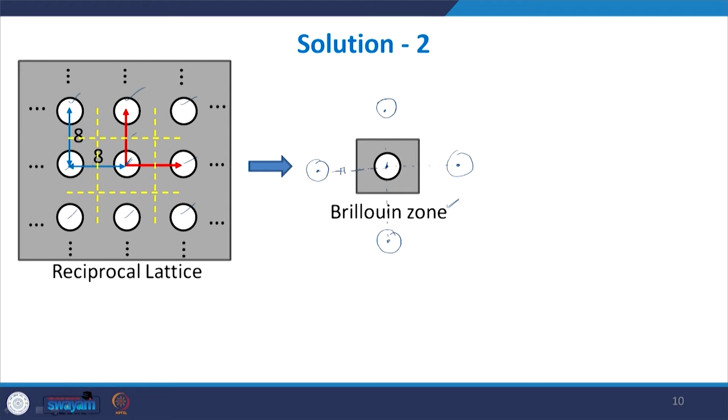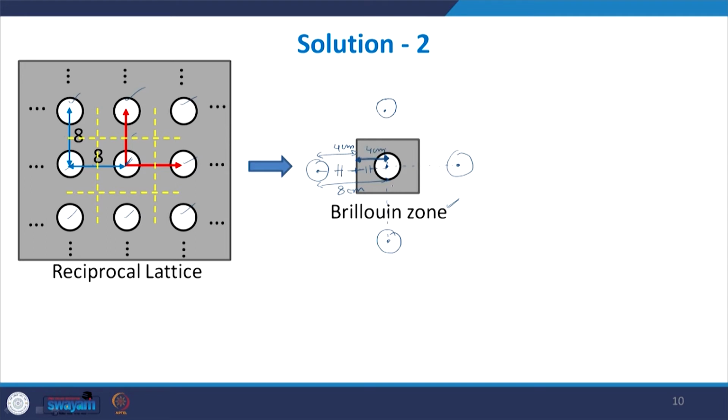So this length should be the same as this length. These two lengths are the same, and we know that this total length is 8 centimeters, right? So this is half of this length, so this will be 4 centimeters, and from this to the center here, this length will be 4 centimeters.